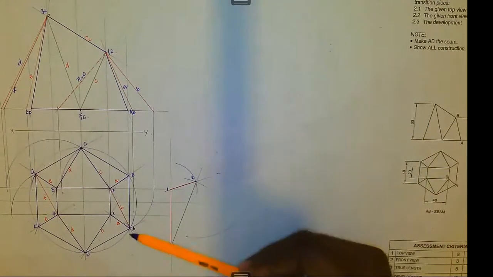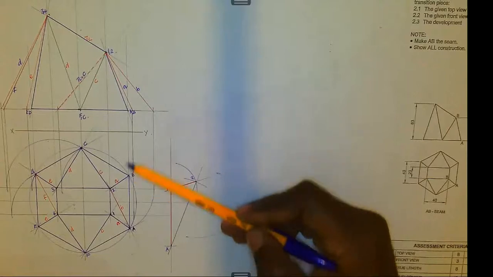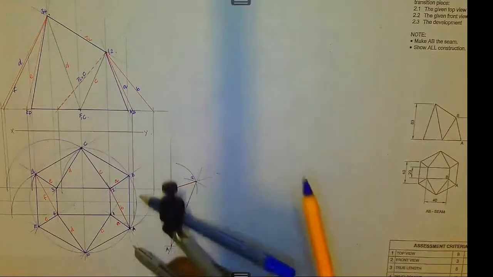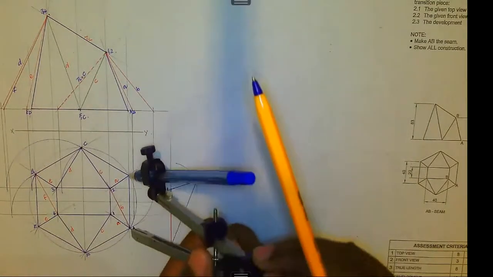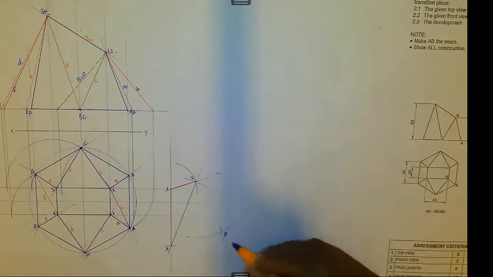Then you take AB. AB is a true length because here it is seen as a point. So I'm going to take this one like that and cut this one. There you go. Now we have got point B.